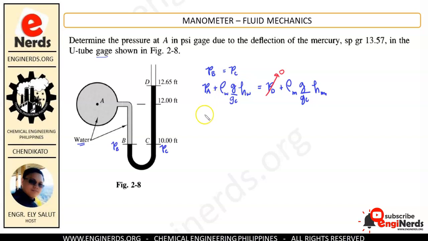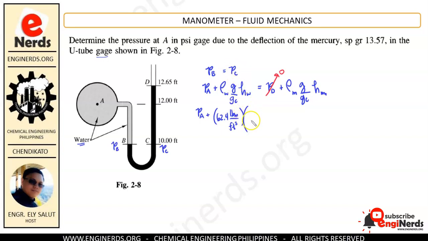Okay, so substitute na natin yung ating mga value. Pressure on A plus the density of water, which is 62.4 pound mass per cubic feet. Okay, naka-English unit tayo, no? And then our G over GC.